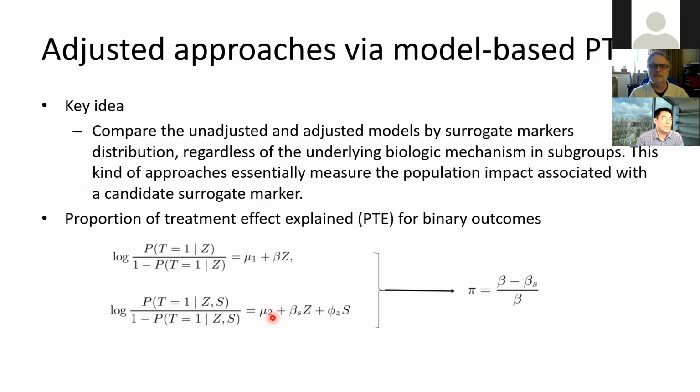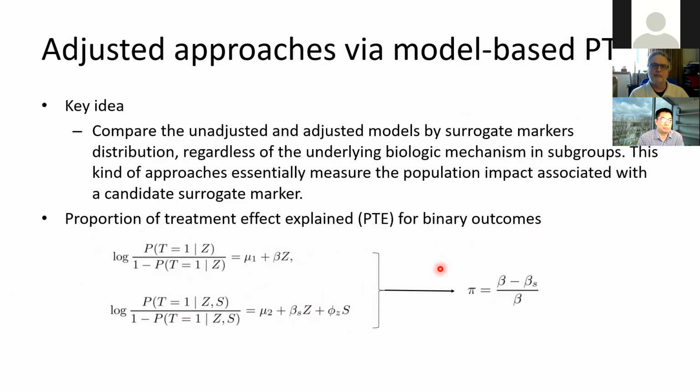This adjustment idea prompts people to think about how to measure the surrogacy of surrogate markers. One leading measure is the so-called PTE, the proportion of treatment effect explained. For example, with binary outcomes, people would use two logistic regression models, one with intervention only, the other with intervention plus surrogate markers.